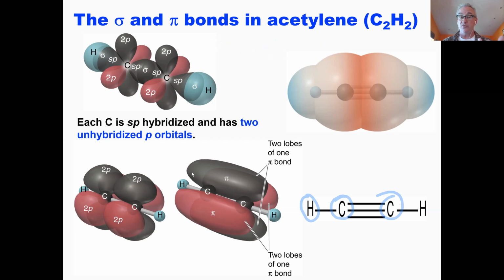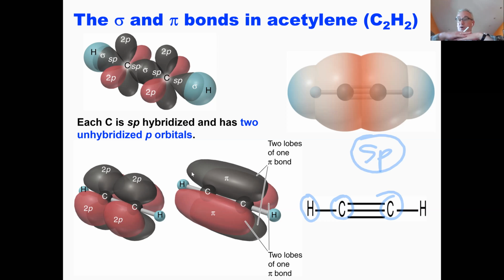Well, if we have two regions of electron density, that is sp hybridization, as we've learned. That also means that this molecule is going to be linear, because with sp, two regions of electron density, the furthest you can get those apart is a linear molecule, 180 degrees. This is what that weird molecule is going to look like.